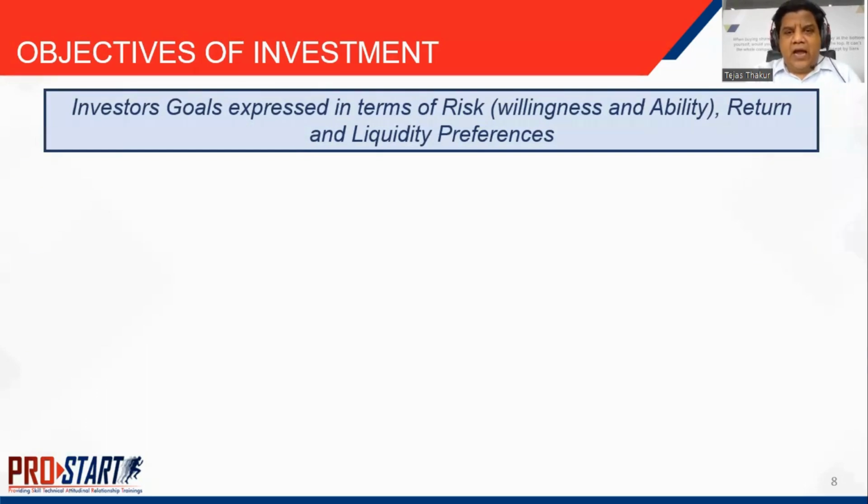For example, I have a particular risk return profile, but I need money for my child's education anywhere between 6 months to 12 months. My product of choice will be different. Whereas for my retirement planning, liquidity is not required right now, so my products will be different, though the risk return matrix for both is the same.